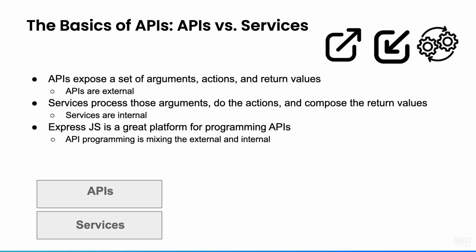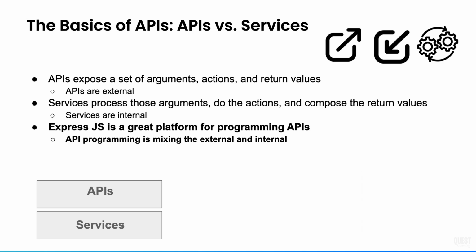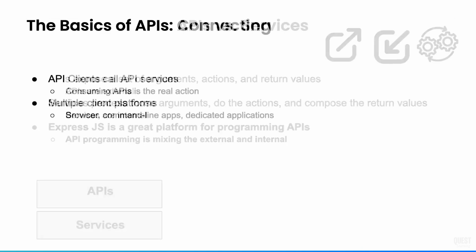Now, we also talked about this notion of APIs and services. So APIs expose the arguments, expose the actions, and they provide return values in the form of messages. It's the services that actually process those arguments, perform those actions, and compose the return values that will be returned by the API. And we mix them together. We mix the services and the interface together in order to create a programmed API.